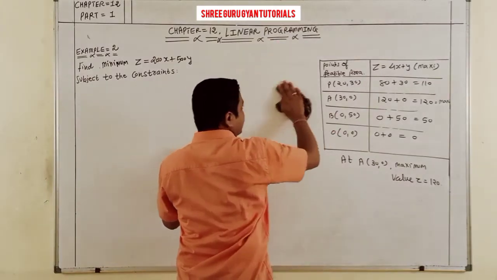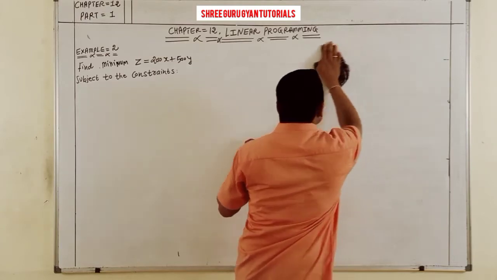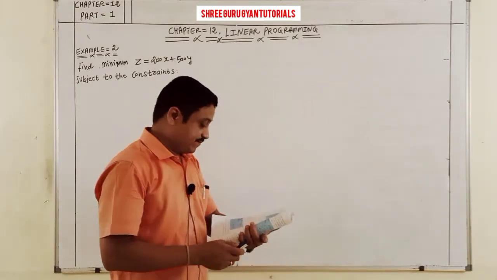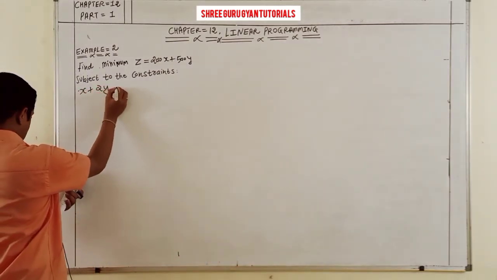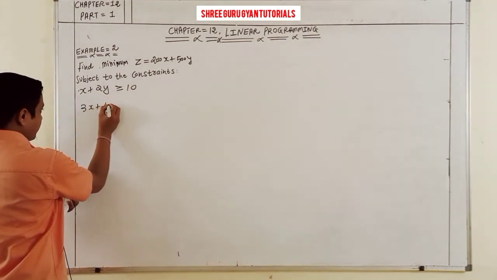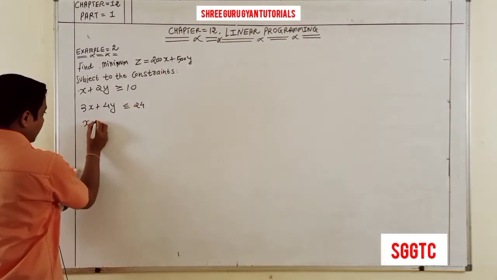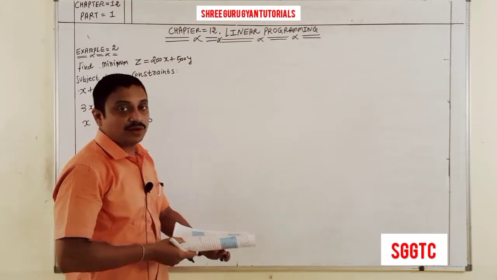In the equations, the given constraints are: first, x + 2y ≥ 10, secondly, 3x + 4y ≤ 24, x ≥ 0, and y ≥ 0.